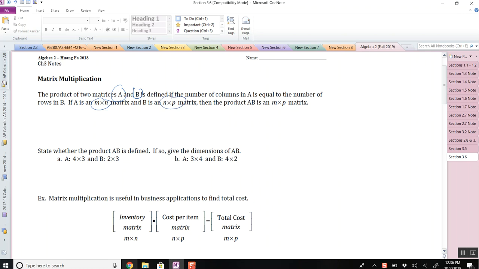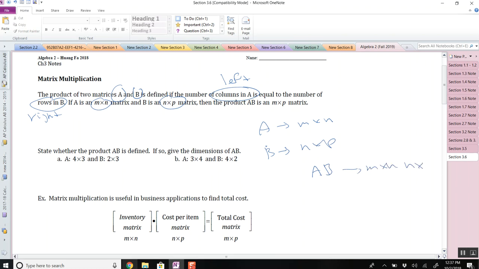In order for the multiplication to happen, you have to make sure that the columns of your left matrix, A, and the rows of your right matrix, B, are the same. So when I do A times B, I have an m by n with an n by p.